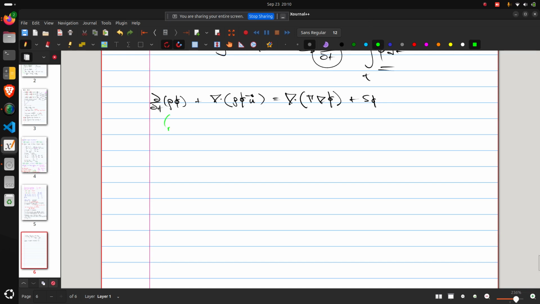So this is the unsteady part, and this is, let's say, convection.